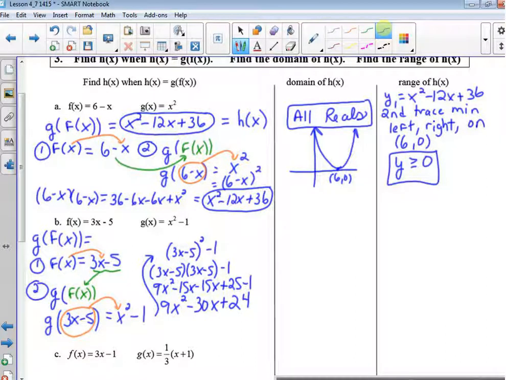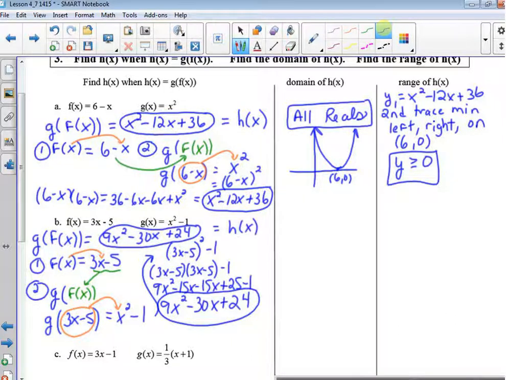So that is what g of f of x equals. So that's 9x squared minus 30x plus 24. And that whole thing is equal to h of x.